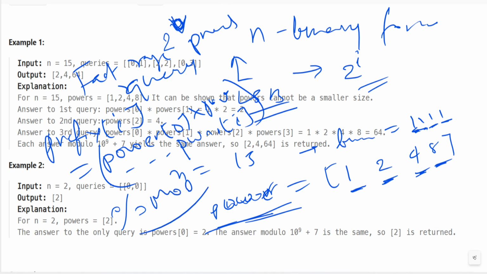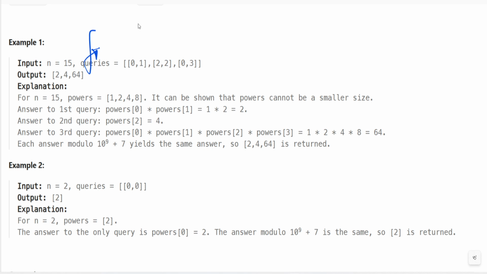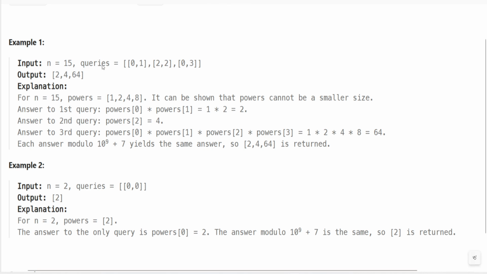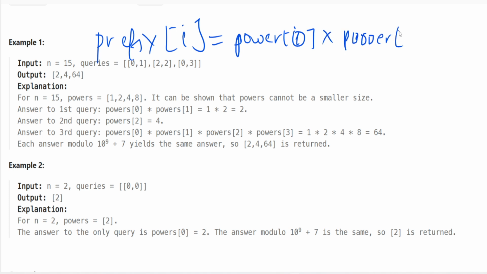What I'm trying to say is that if you want the prefix at i, there will be a list of powers, and power at i is multiplied with all of them. So the very first is power at 0, then it multiplies with power at 1, and so on till power at i. And you just need the mod.